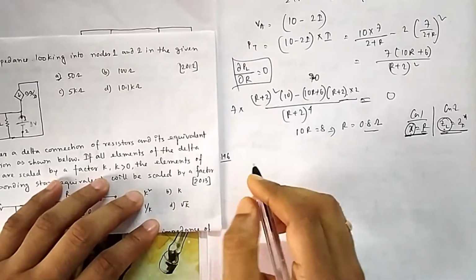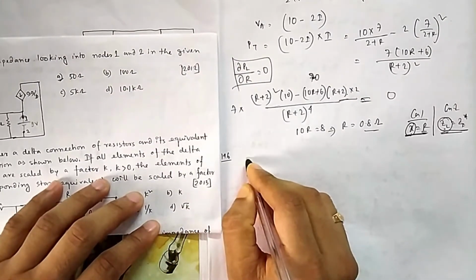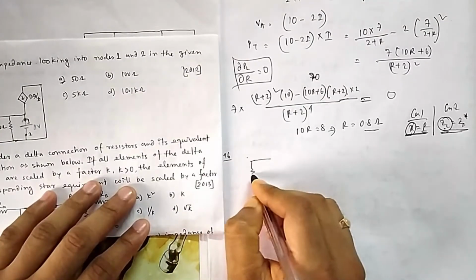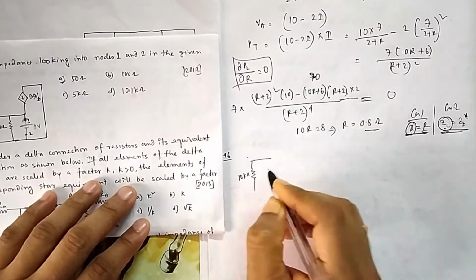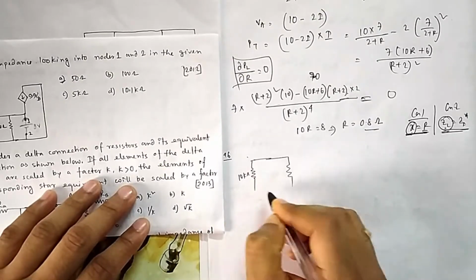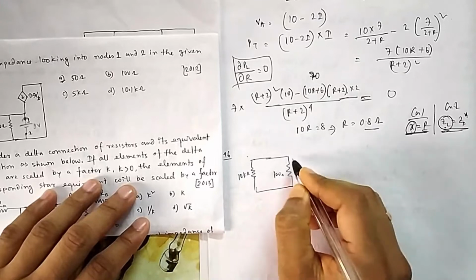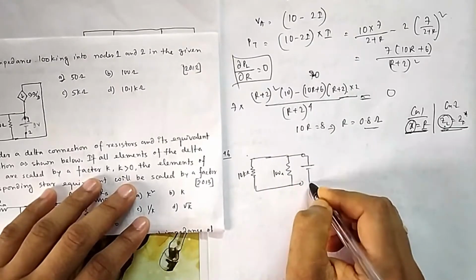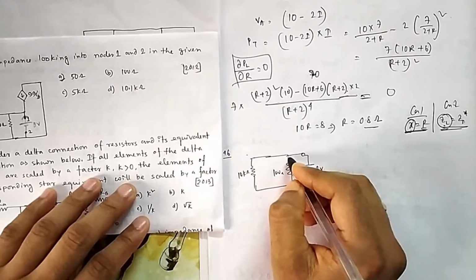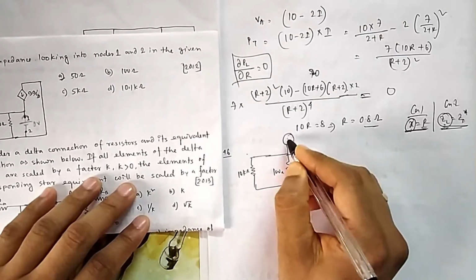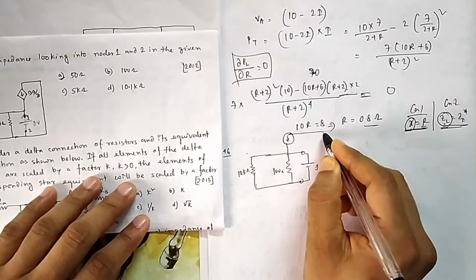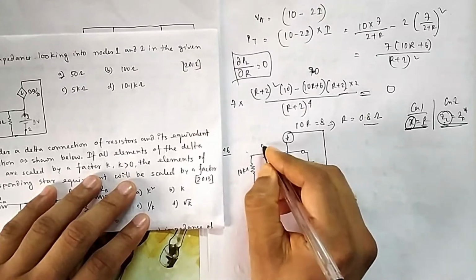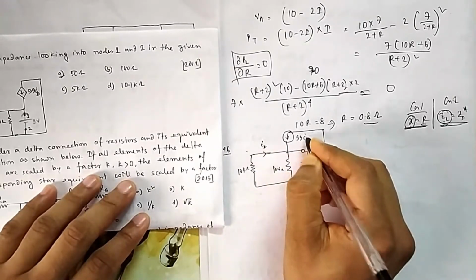From this side, your circuit will look like this: 9 plus 1, 10 kilo ohm, and then this is 100 ohm, and then you have connected a source of 1 volt, and then you have a current source of 99 IB. This is my IB, and this is 99 IB.